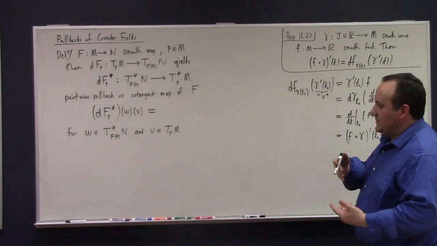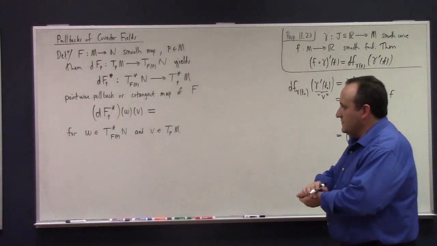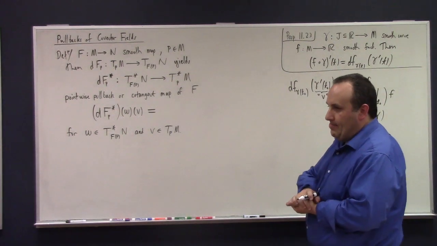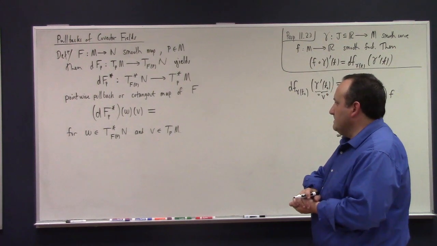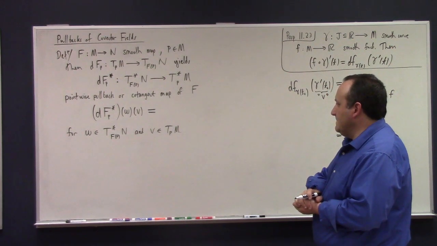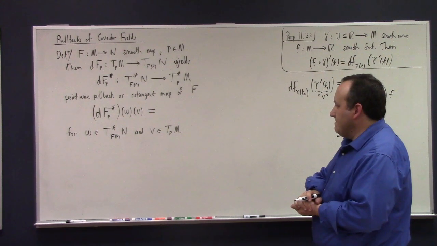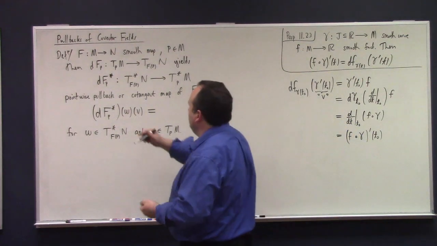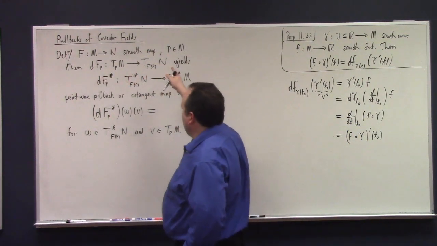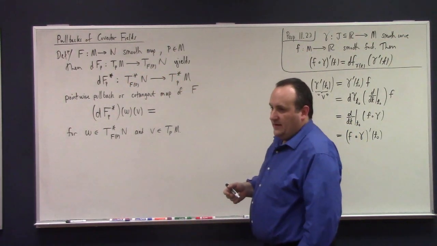What logically must I write down here? What can I do with df_p? What can that do for me?